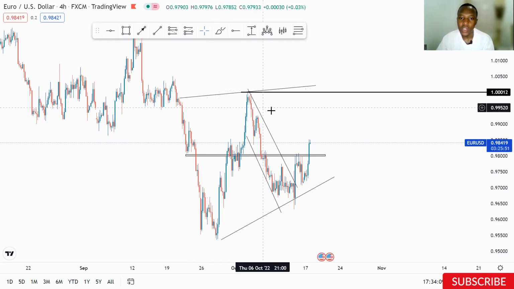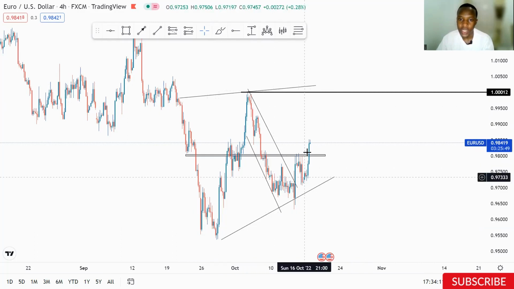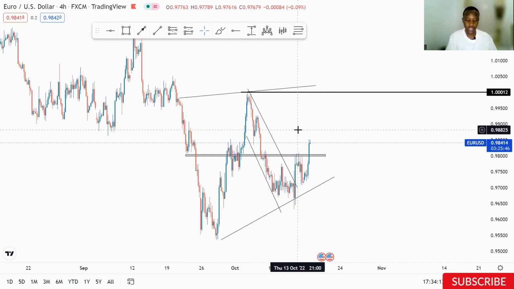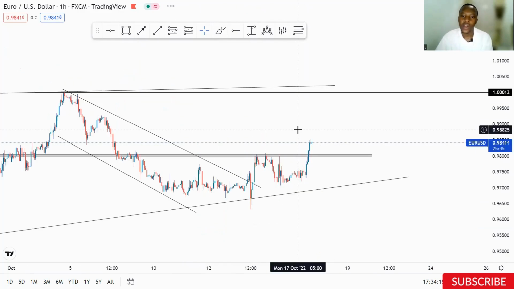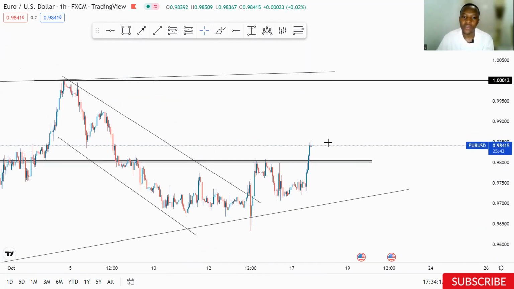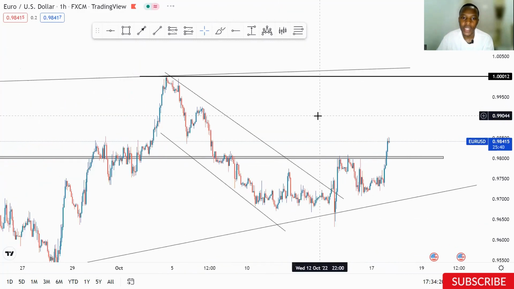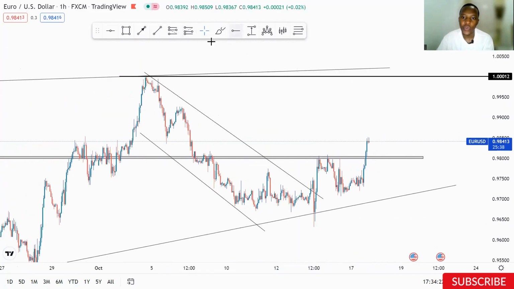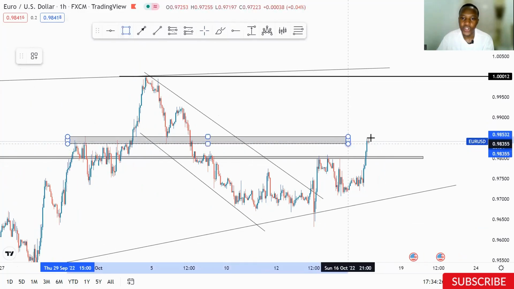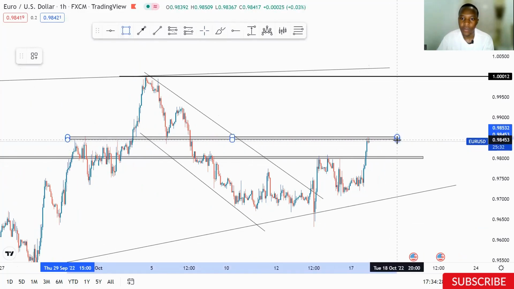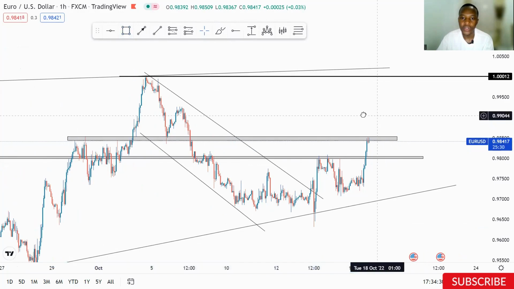So as you can see: impulse move, correction, breakout, retest, and the continuation of bias to the upside, right? However, here, the way I saw it, I see some sort of a retest, because this is a sensitive area, guys, right?